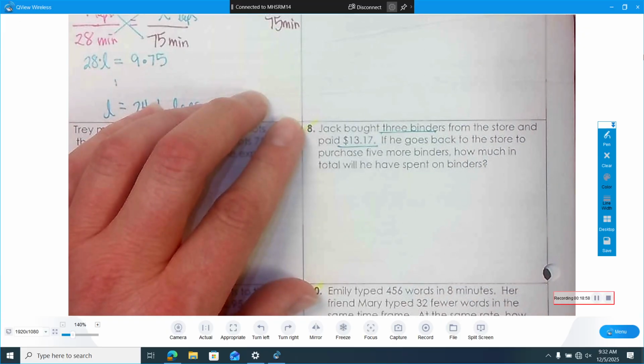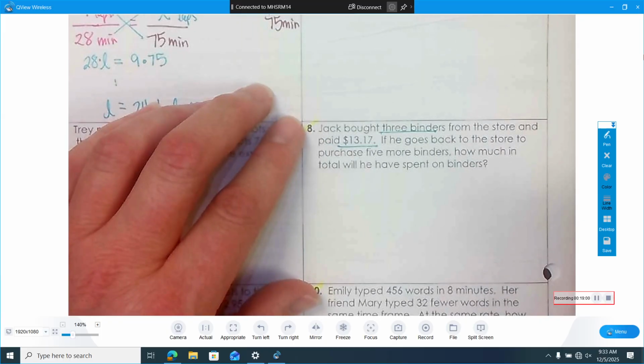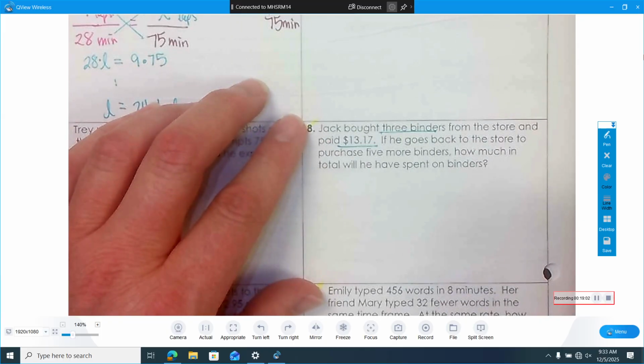I did 13.17 divided by 3. And what does that give you? 4.39. And then I multiplied that by 5 and got that answer, and then I added 13.17. Okay. So there are many ways to do problems. So my question to you is, do you want to use a proportion to solve this?